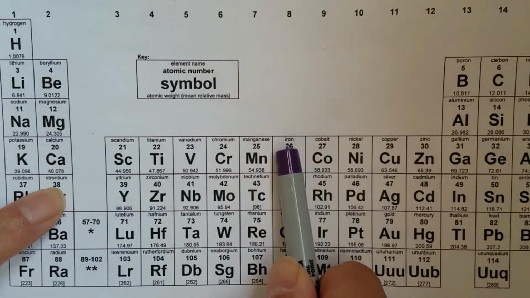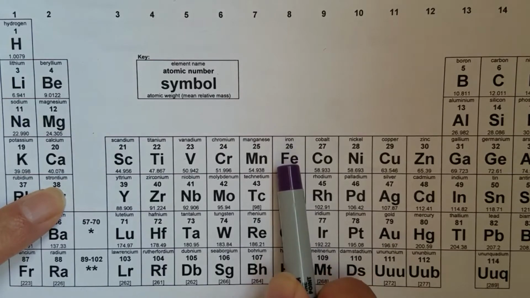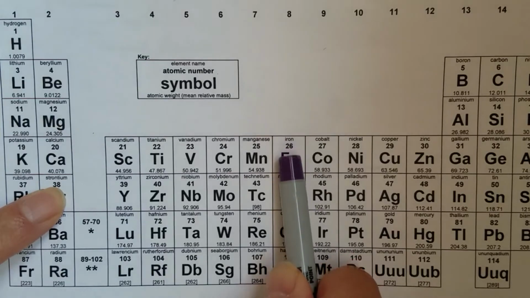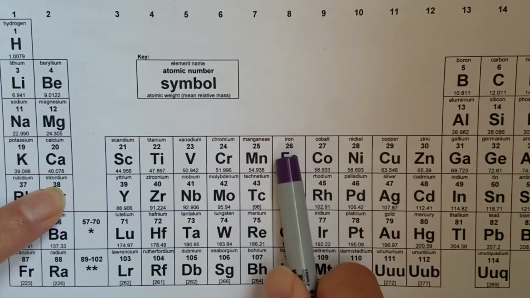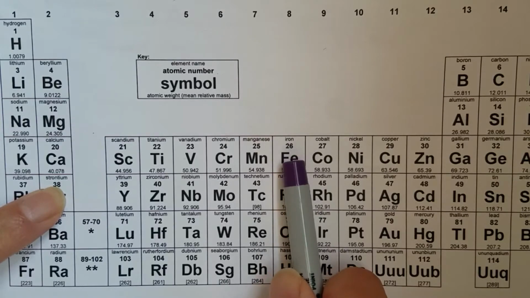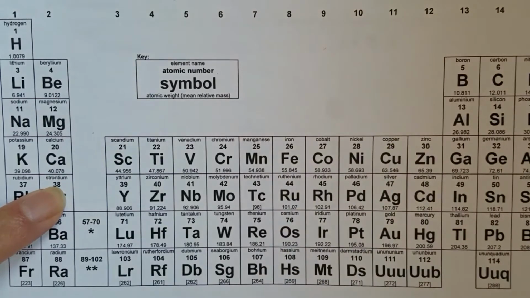That number is the atomic number, which equals the number of protons. It also happens to be the number of electrons, because each proton carries positive 1 charge and each electron carries negative 1 charge, so that the atom stays neutral charge-wise.